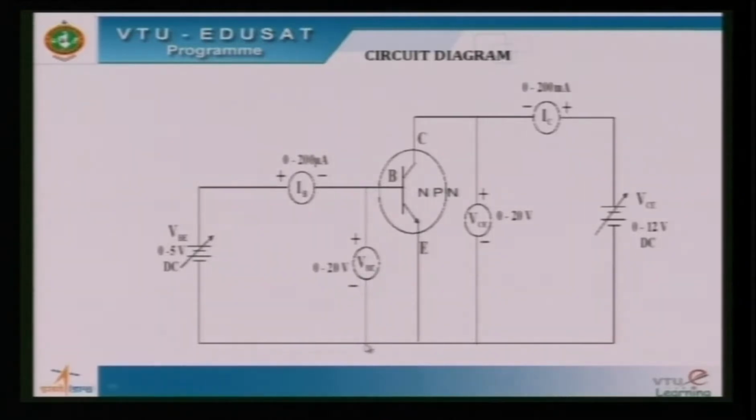Input voltage is recorded across the base and emitter junction, and output voltage is measured across the collector and emitter junction through the voltmeters connected across.